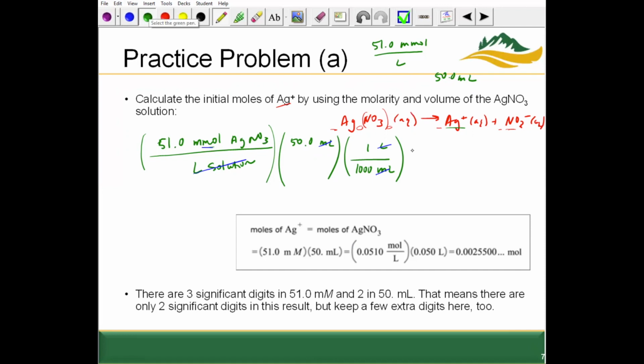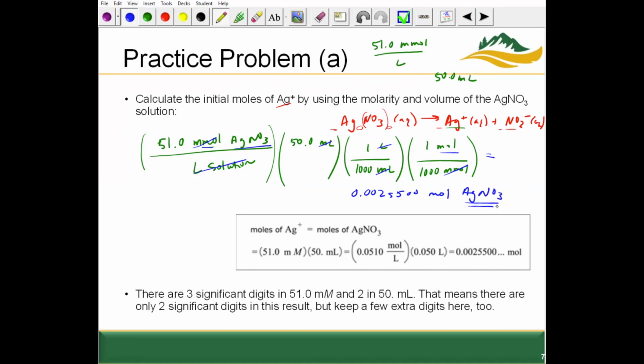And so for every 1,000 millimoles, there's 1 mole. So at this point, we can also cancel out millimoles and millimoles. And if we do this whole multiplication and division, we're going to have moles of silver nitrate. So that equals 0.0025500 moles of silver nitrate.